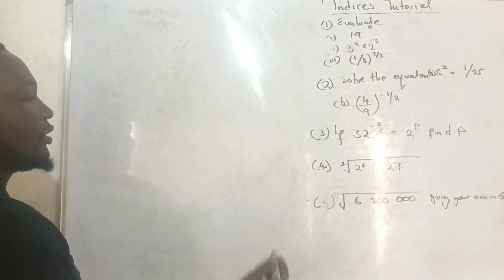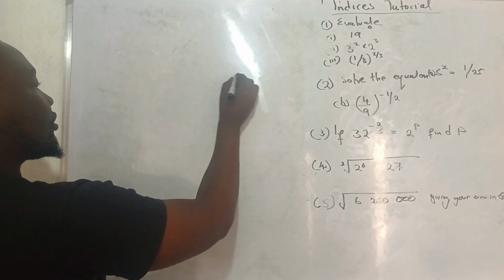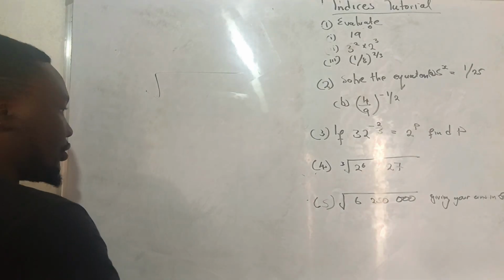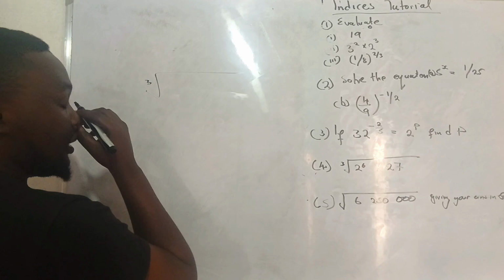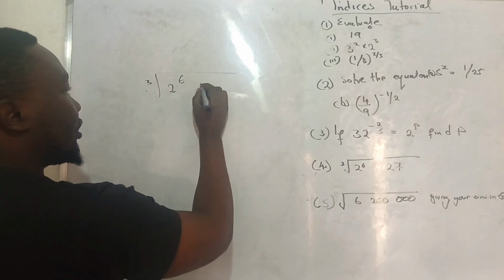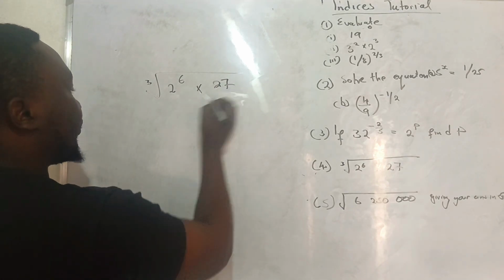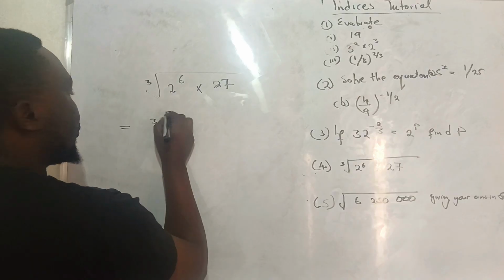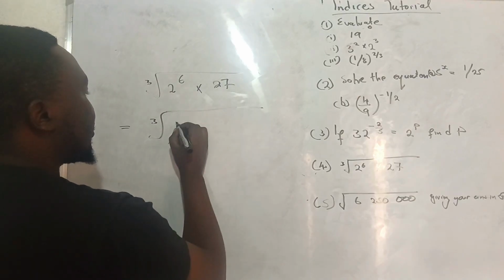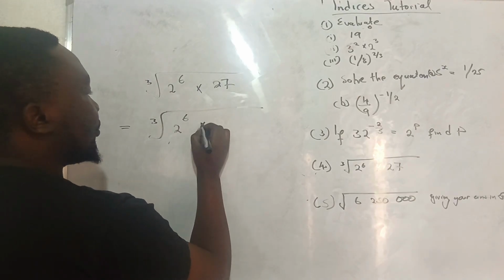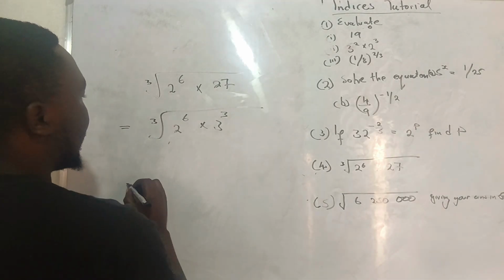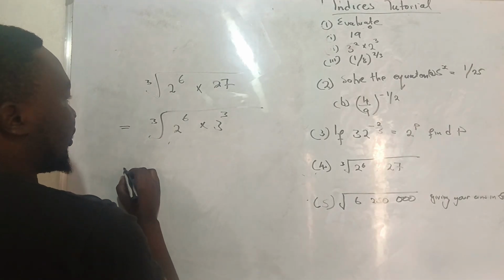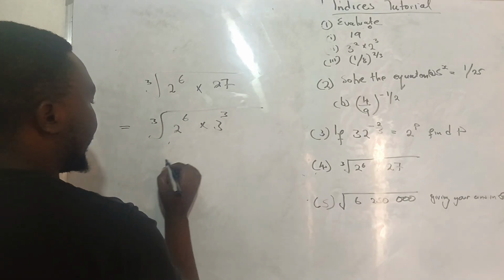You're asked to find the cube root of that. So we have 2 to the power 6 multiplied by 27. So for the cube root, we can express 27 in this form, which is 3 to the power 3. So let's try and remove that.